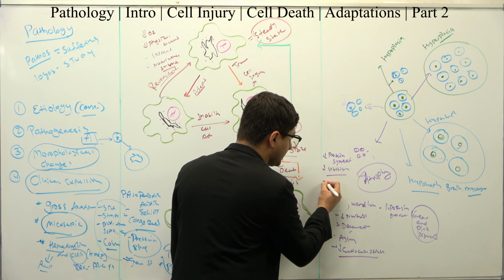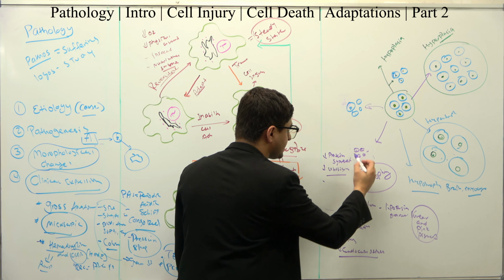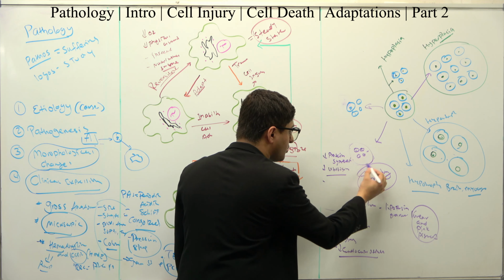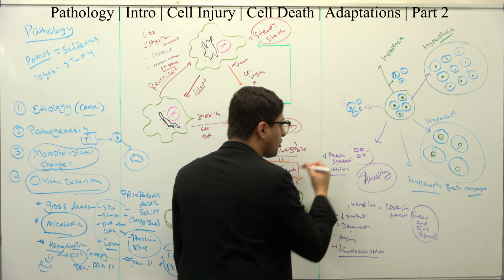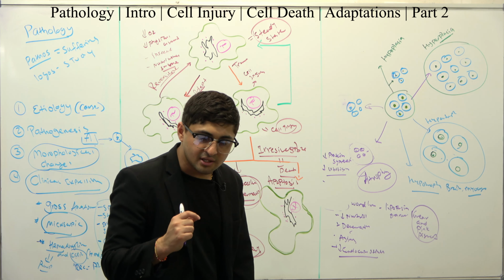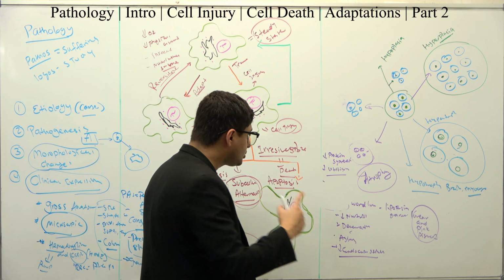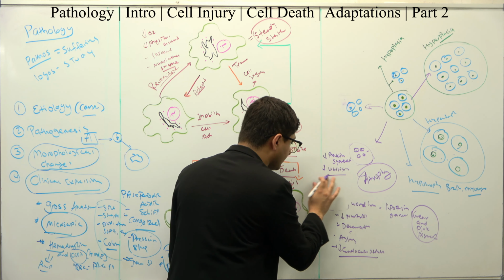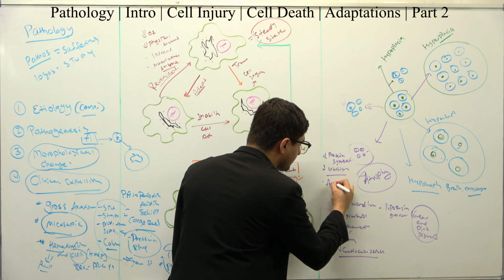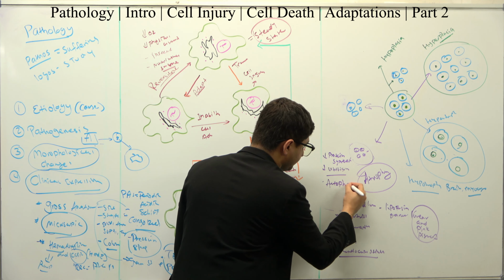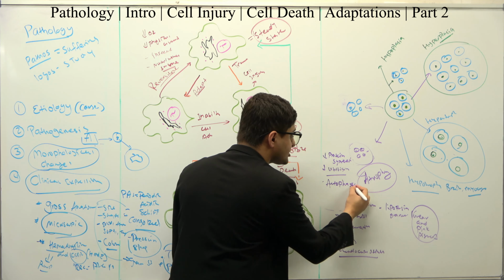And eventually, in the cell, there are some starved cells, okay? They need nutrients. And what they do is they start eating themselves. And what do we call that? We call it autophagy, right? Autophagy starts happening.